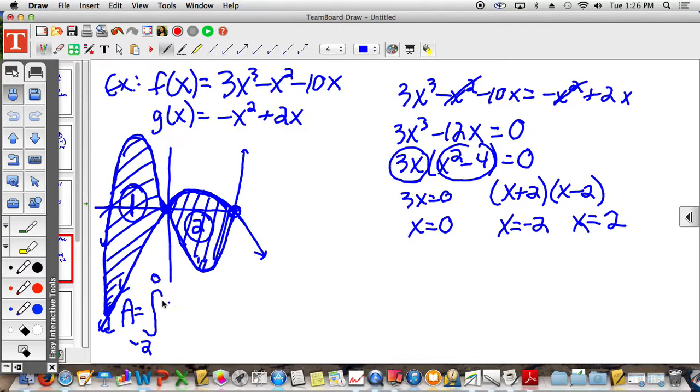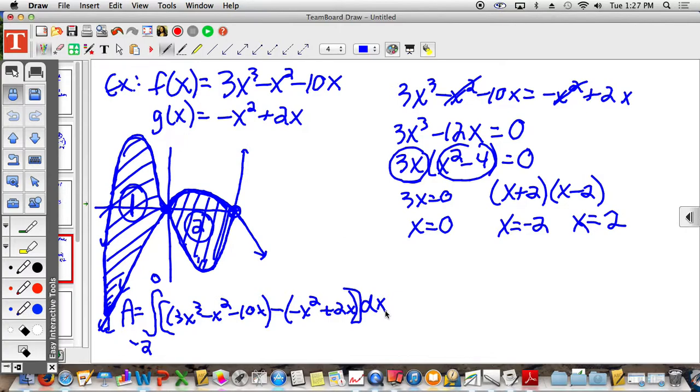I'm going to do my little bracket here: parenthesis 3x cubed minus x squared minus 10x, finish your parenthesis, minus g of x. Well, g of x is equal to negative x squared plus 2x. Finish off your parenthesis, finish off your bracket, dx.